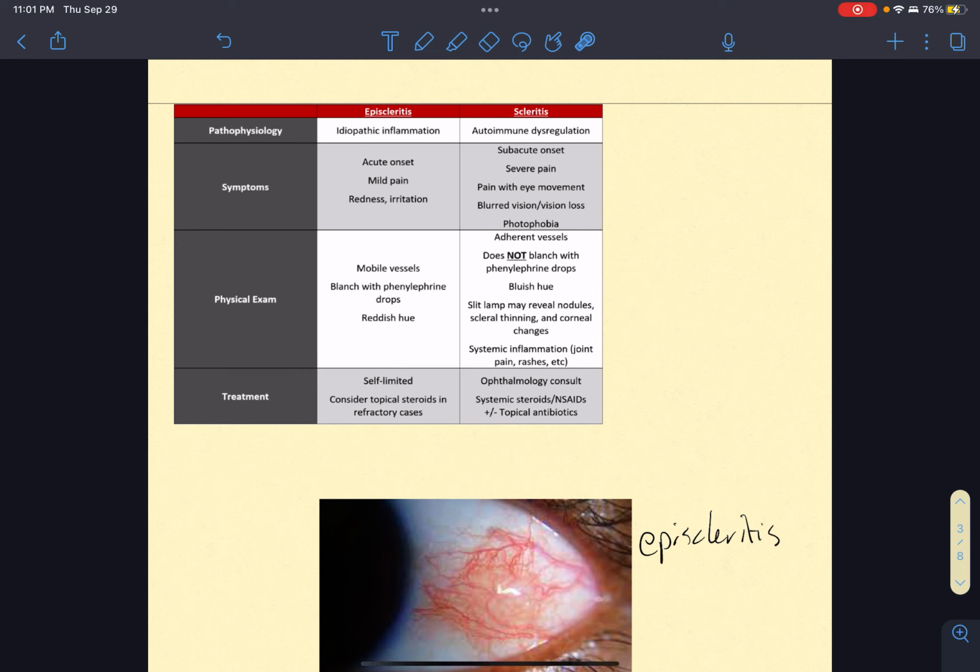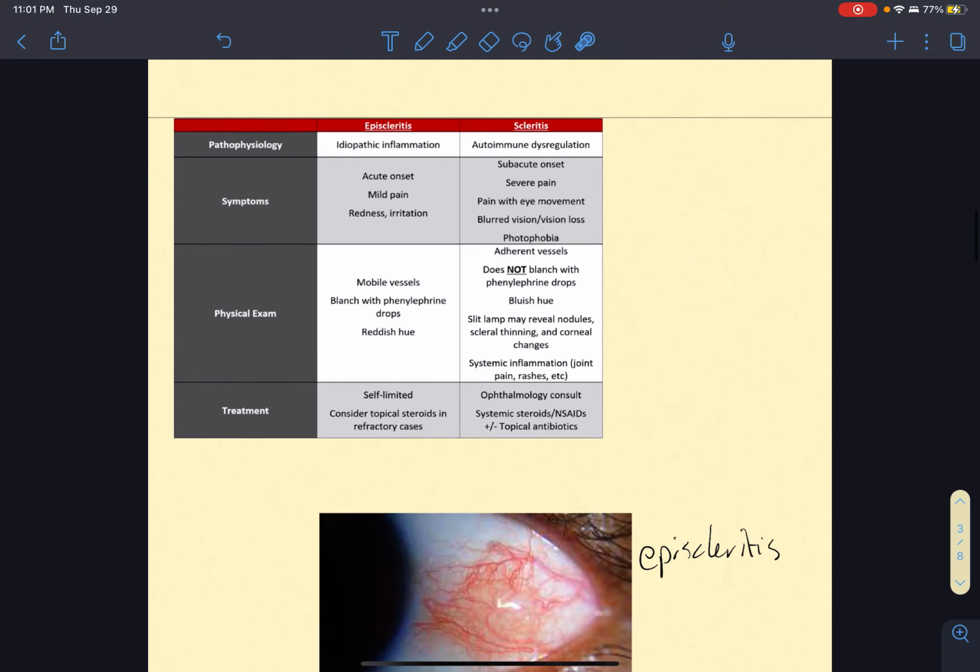Worst case scenario, you did a lot of extra lab work, but you could be identifying a systemic issue for this patient, or you could be saving them from a scleral perforation.